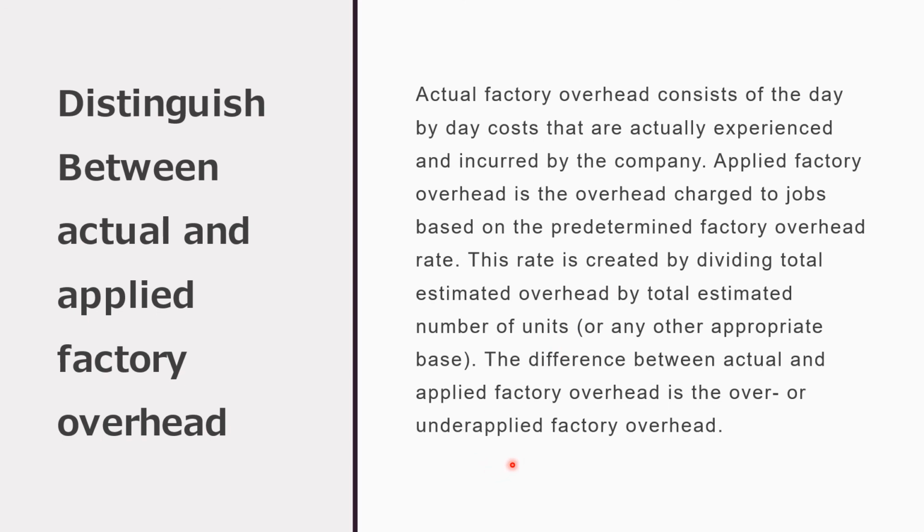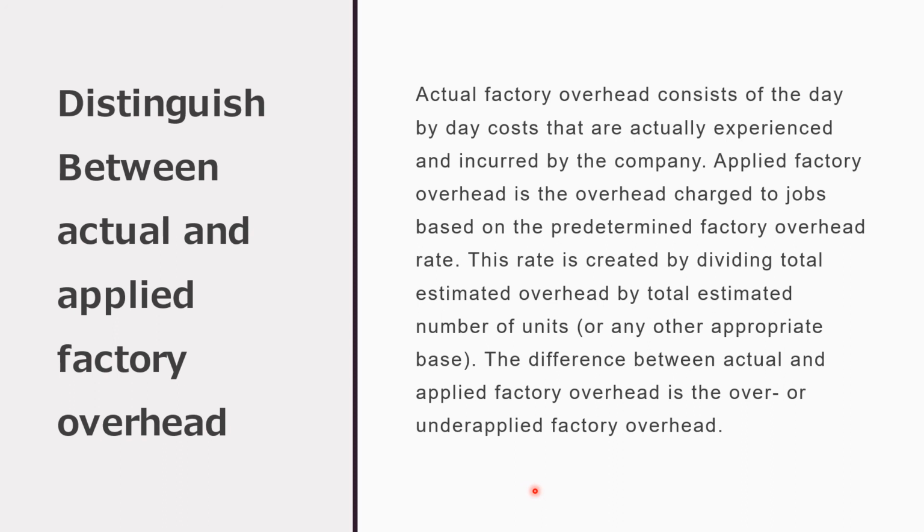So distinguish between actual and applied factory overhead. Actual factory overhead consists of the day-by-day costs that are actually experienced and incurred by the company. Applied factory overhead is the overhead charged to jobs based on the predetermined factory overhead rate. This rate is created by dividing total estimated overhead by total estimated number of units.